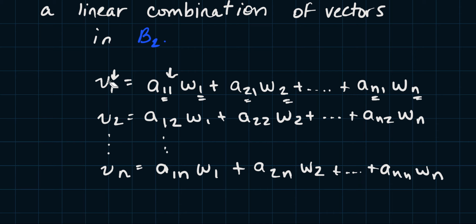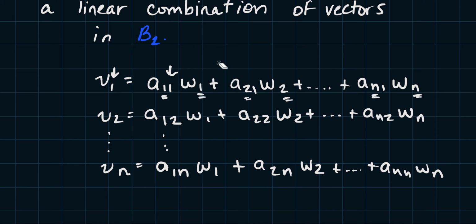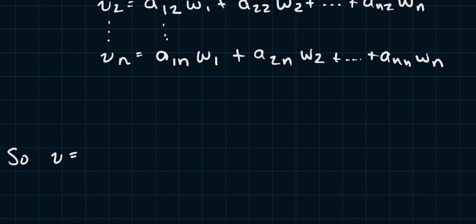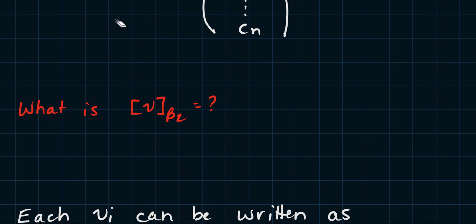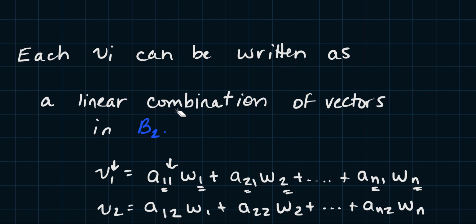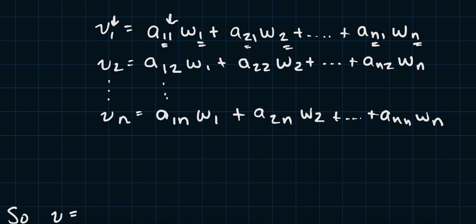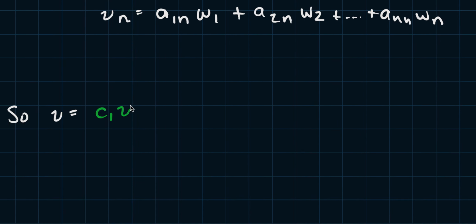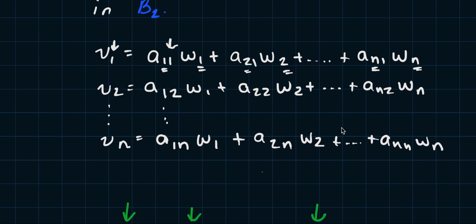Okay, so we can write each one of the basis vectors in terms of the other basis. So our vector V, which we said was, I think we used the letter C, yeah, C1 through Cn, we said V was equal to C1 V1 plus C2 V2 all the way to Cn Vn. Well, now I can make substitutions. Instead of V1, V2 all the way to Vn, I can plug in this information here.